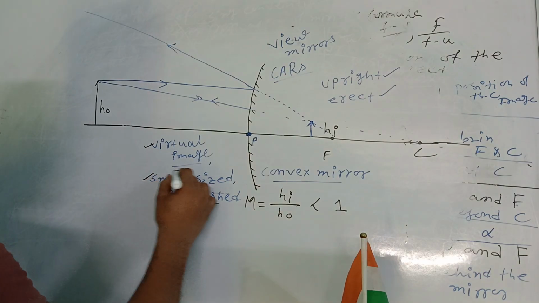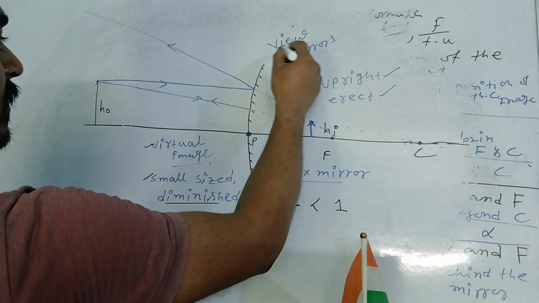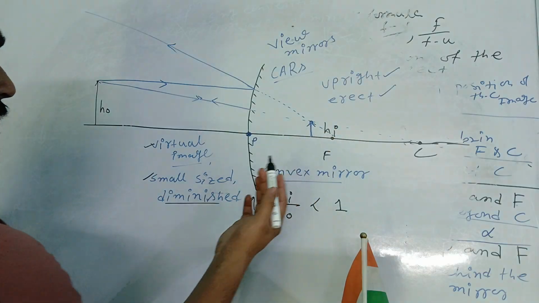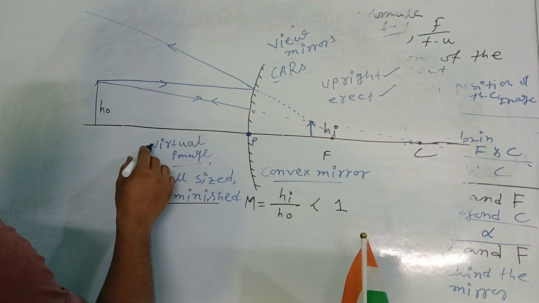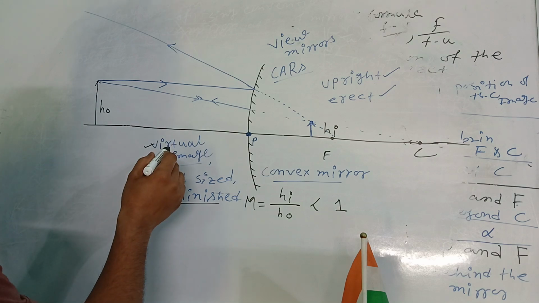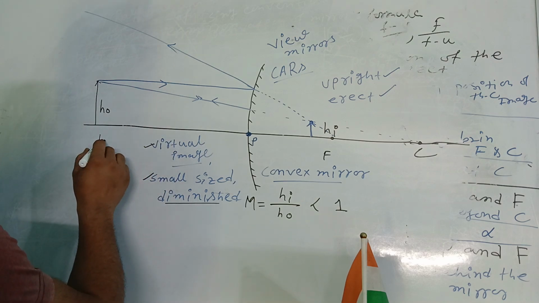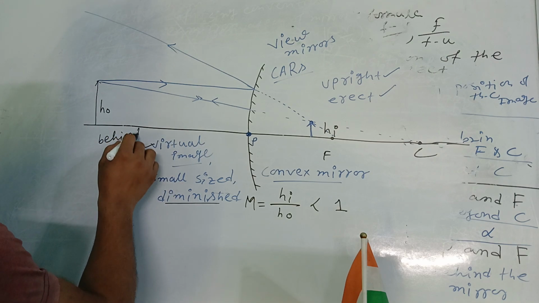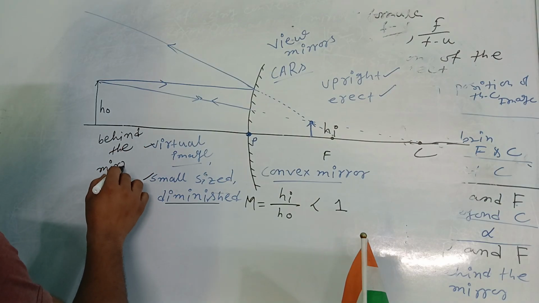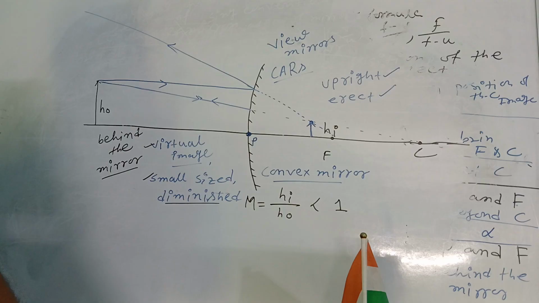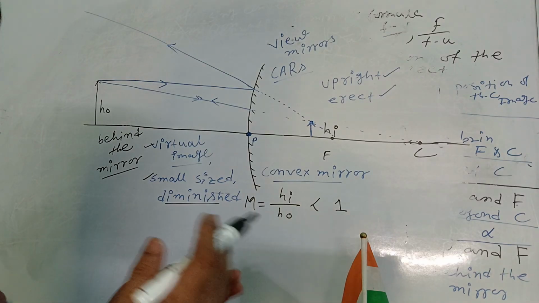Now, virtual image is what? Virtual means it is forming behind the mirror. And in case of a real image, it is forming in front of the mirror.